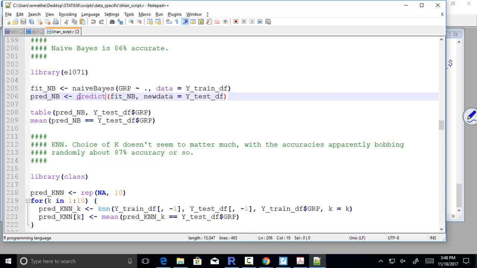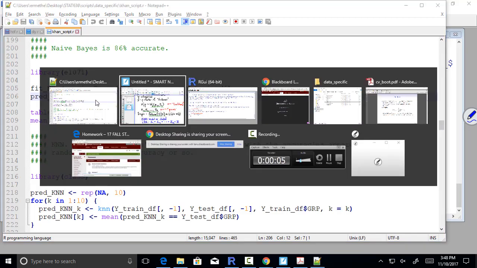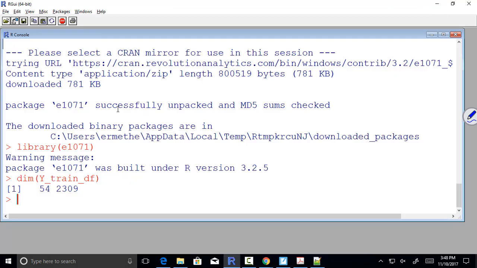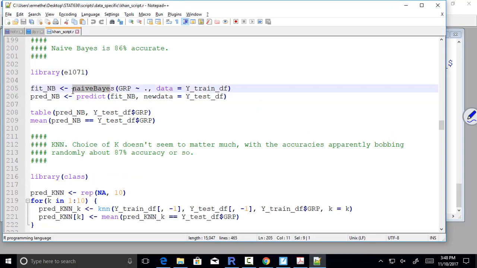And there is a generic predict function in R. Remember that in R, a given function may do different things depending on what you pass it as an argument. Predict, for example, does lots of different things in R. If you want to do prediction on a naive Bayes object, and you want to learn about how to use that function, here's a trick.